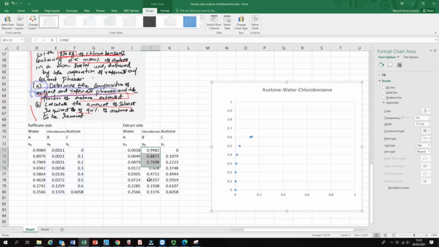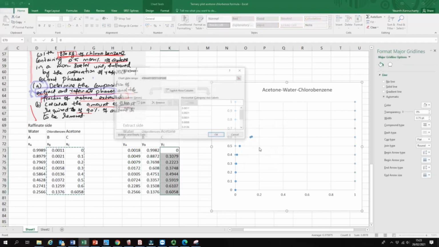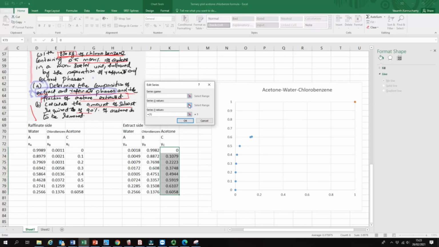Then we are going to plot YB versus YC. So right click, select data, add. Our x is YB, which is the weight fraction of your solvent in the extract side. That goes to the x-axis, and then the weight fraction of your solute on the extract side goes on the y-axis. We can give a name; let's call it extract.